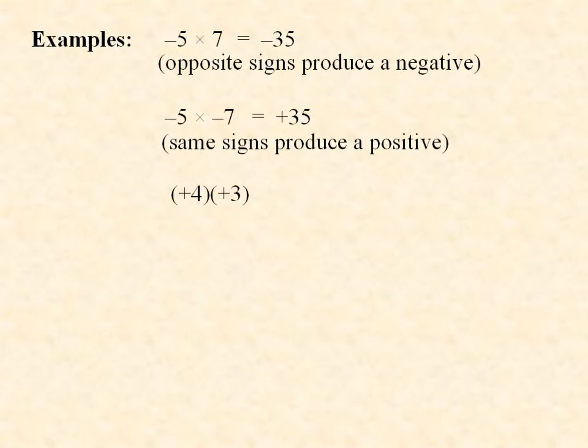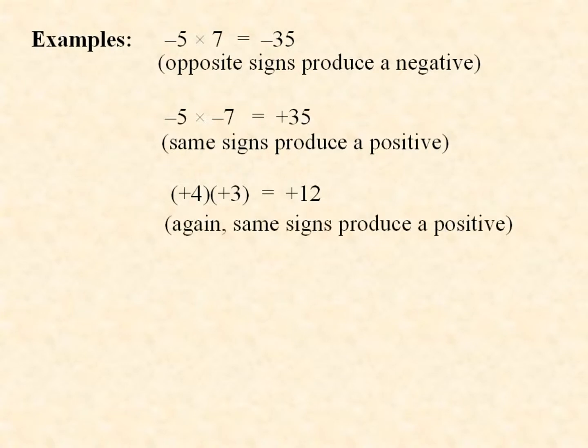Positive 4 times positive 3 is positive 12. Again, same signs produce a positive. Positive 6 times negative 2 is negative 12. Opposite signs produce a negative.